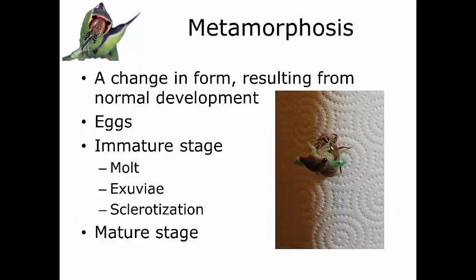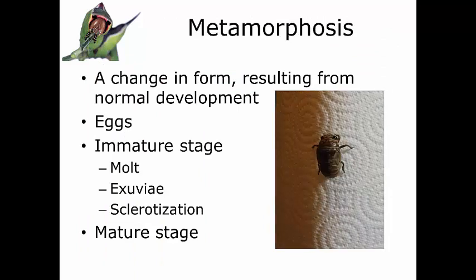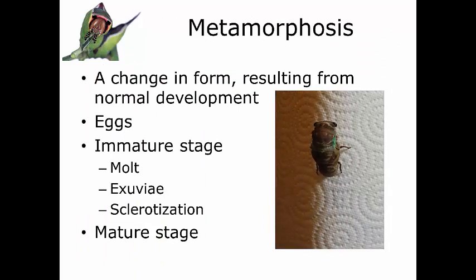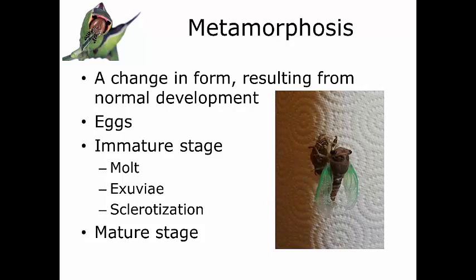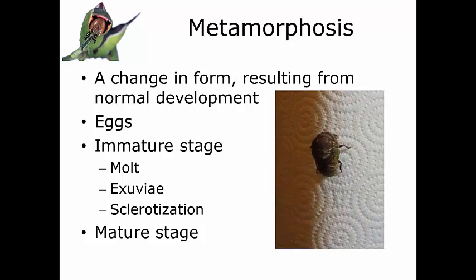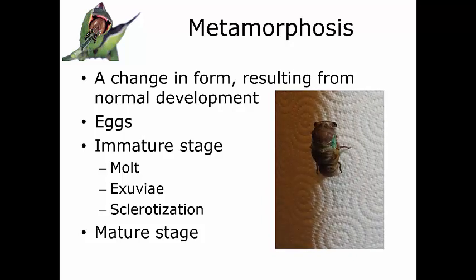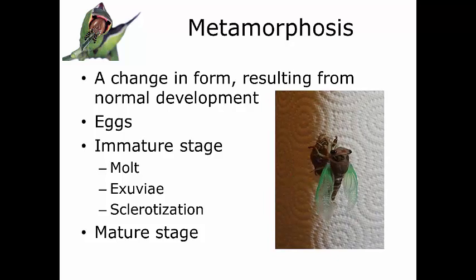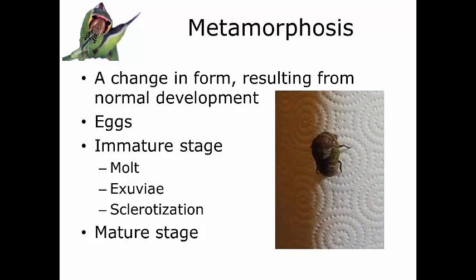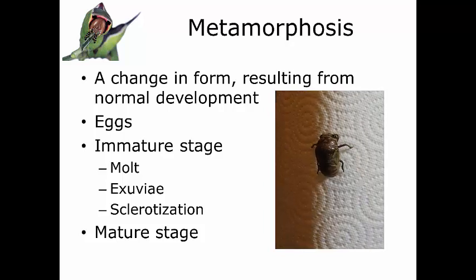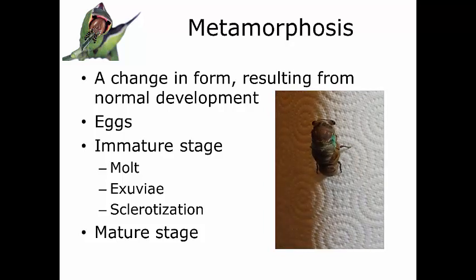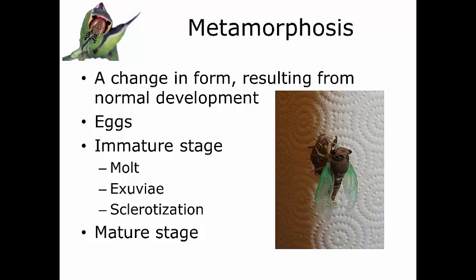So, metamorphosis in insects. This is defined as a change in form resulting from normal development. All insects will start out as an egg some way. These eggs are usually laid in the environment. That's that R strategy that we just talked about. Those that remain in the female are laid down as larvae or nymphs or pupae. No matter what happens, the young insects will emerge from the eggs into the immature stage.